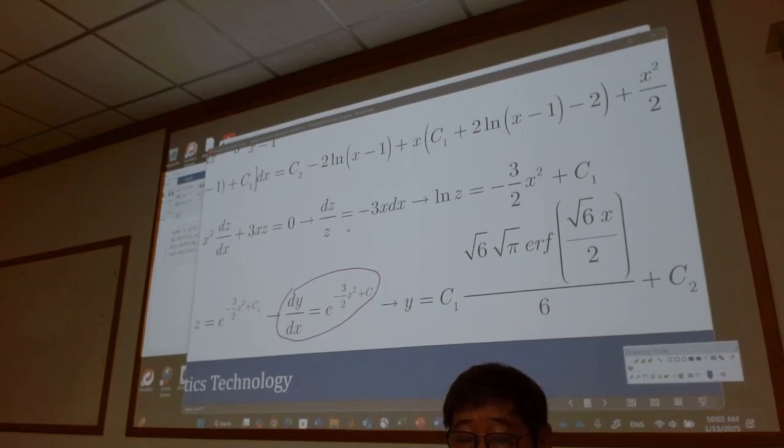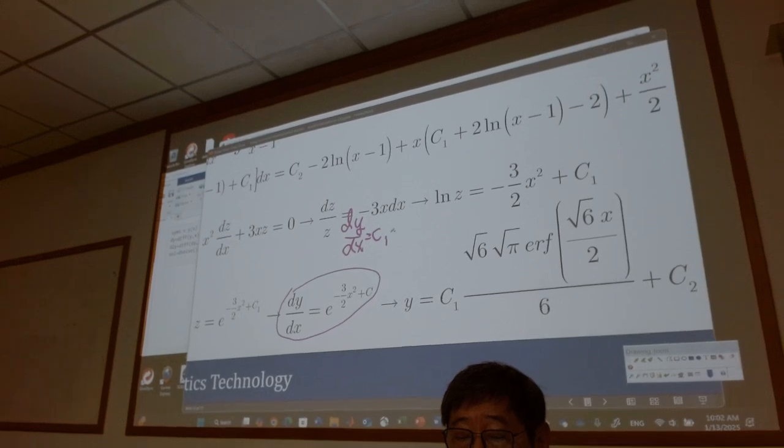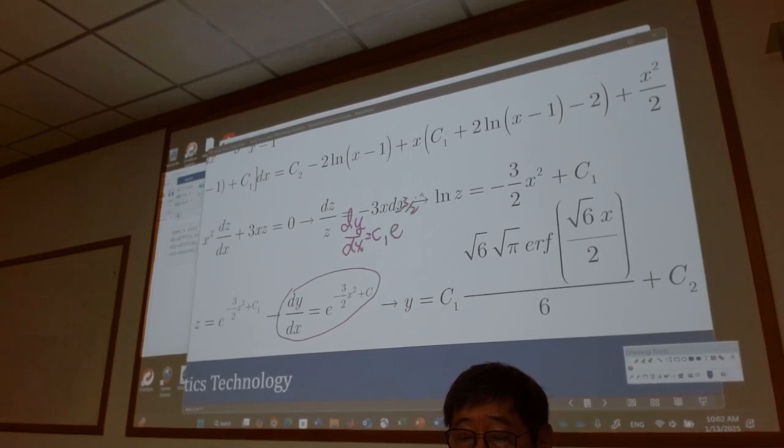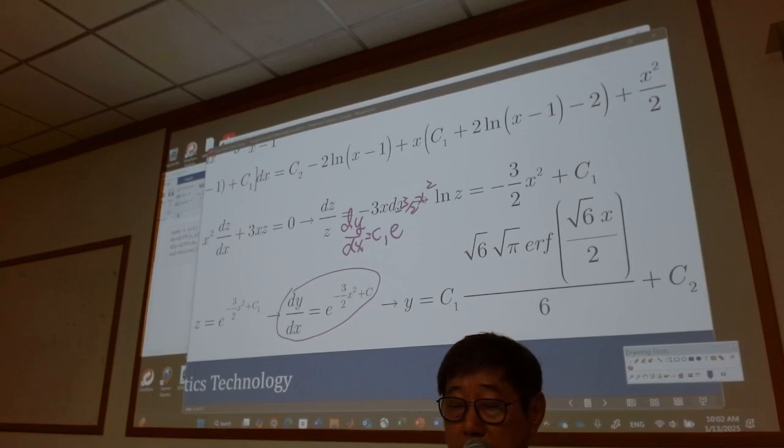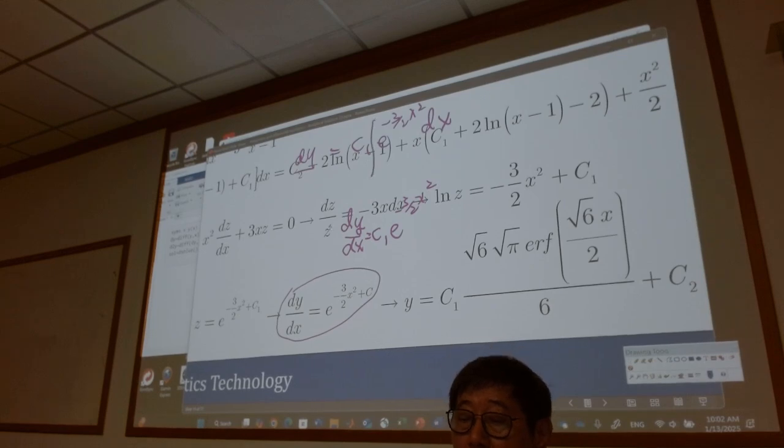So you have dy by dx equal to c1 e to minus t over 2 x squared, right? And you can have this one, right? Let's c1 integrate: dy equal to c1 e to minus t over 2 x squared dx integrate, right?